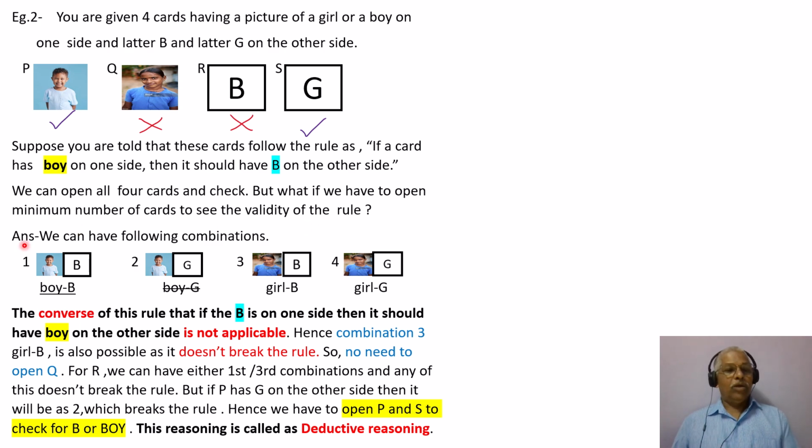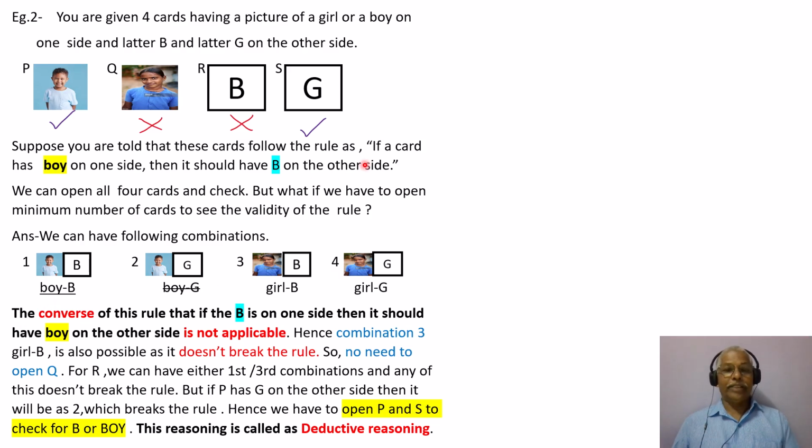So the answer: we can have the following combinations: boy B, boy G, girl B, girl G. All these combinations we can have. Now read this very carefully.